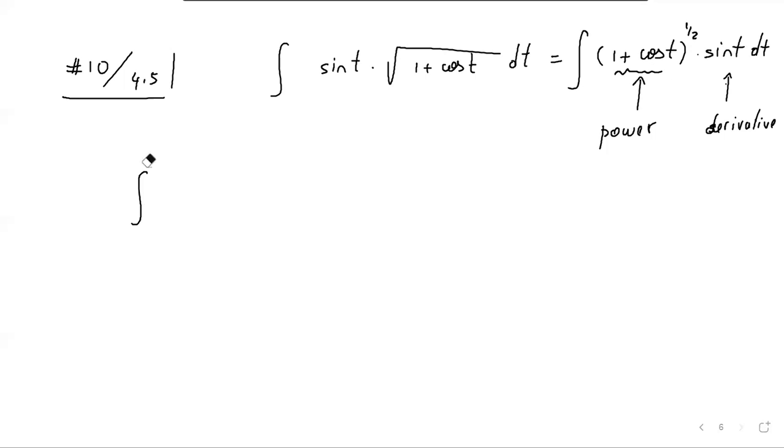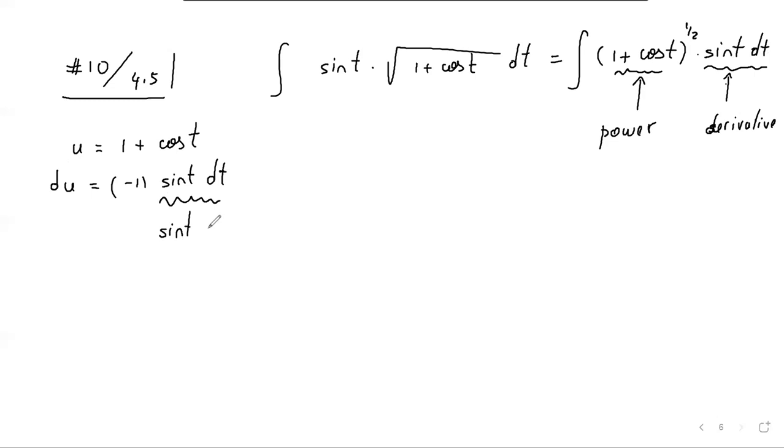Let's say here what we do. u equals 1 plus cosine t, du is negative 1 times sine t dt. So this is cosine prime, remember, is negative sine. So we do have, look at that, sine t dt. You see that? It's right here. It's just negative du.